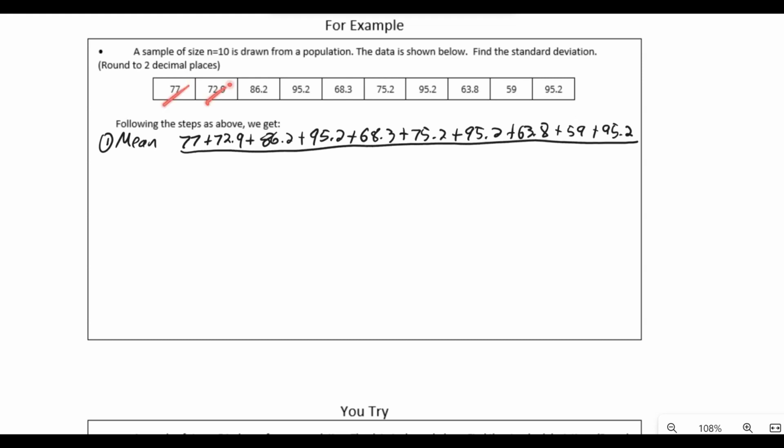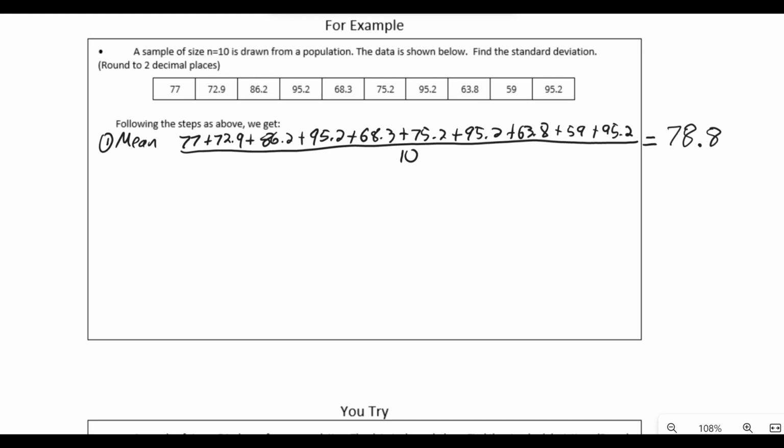There are 1, 2, 3, 4, 5, 6, 7, 8, 9, 10. Divide by 10. When you plug this all into your calculator, you get 78.8.